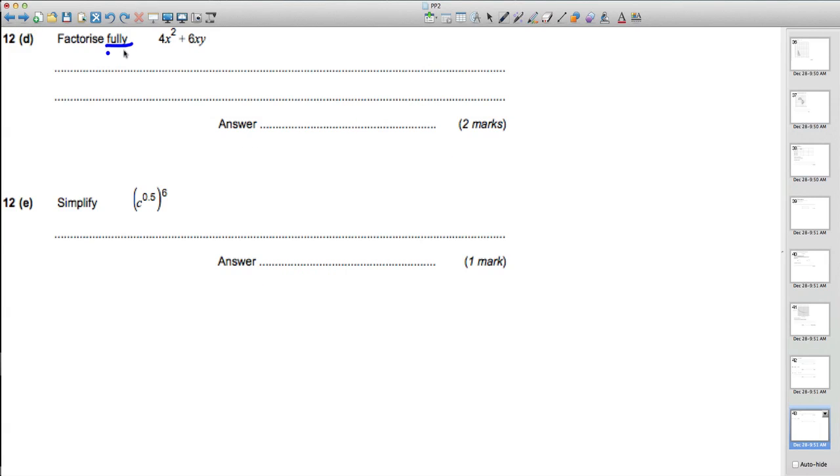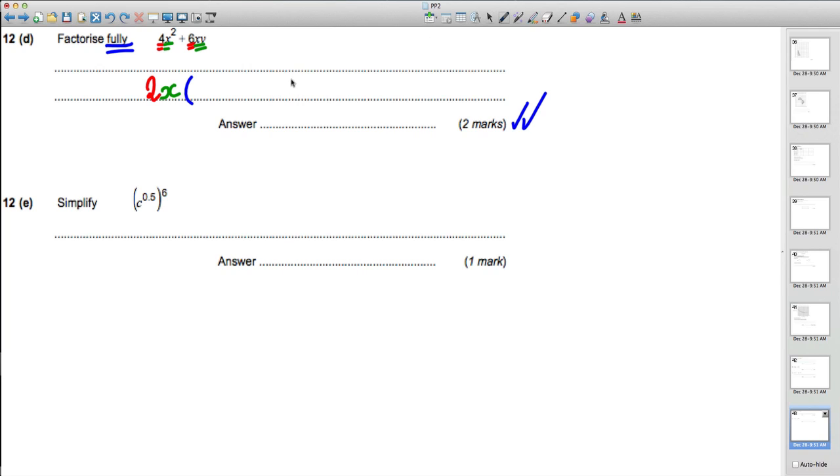Factorise fully the following. Now, 2 marks here is because there's a mistake that some students make here. Firstly, deal with the numbers. What's the biggest number that goes into 4 and 6? Well, 2. Then deal with the algebra. What goes into x squared and xy? Well, x does.